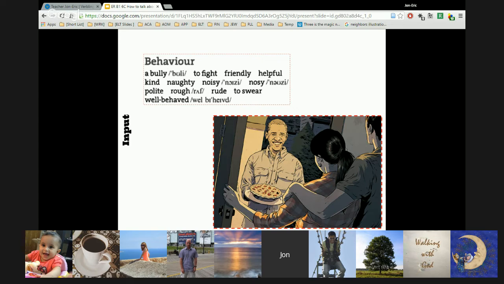True story. Okay, I want everyone to say a word in the behavior box at the top. We're going to go around from right to left in the order that I see you. So, Ahmed, I want you to say the first word, and you can use the IPA symbols to help you. The first word is? Ahmed, are you there? Oh, I don't hear Ahmed.